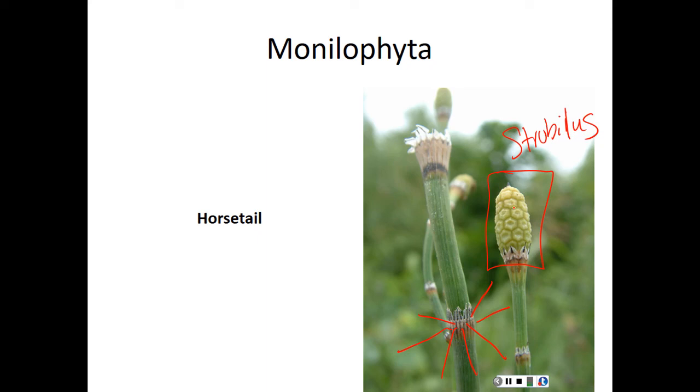Basically, numerous sporangia are clustered together to form this strobilus. Sometimes this strobilus also gets called a cone. And again, as a seedless vascular plant, the sporophyte generation is dominant. The gametophyte, not shown here, is really, really small in the horsetails, and you would never even notice it.